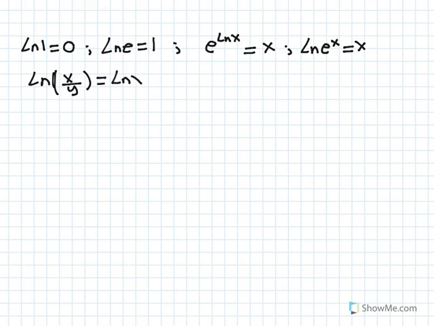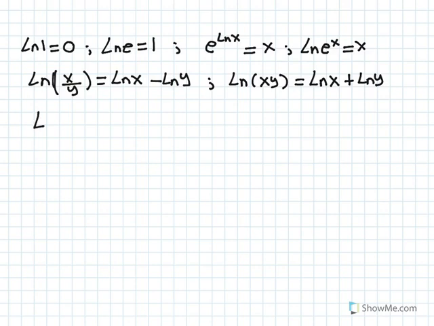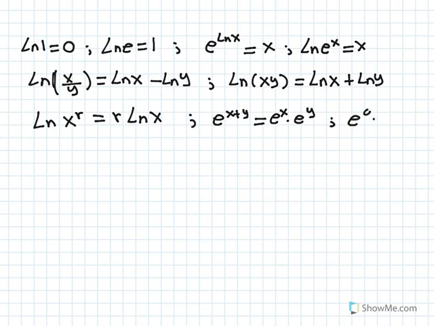So we get log x minus log y. And if you have a product, you add: log of xy is equal to log x plus log y. Log of x to the r is equal to r log x. And don't forget the exponential law, e to the x plus y is equal to e to the x times e to the y. And of course, e to the 0 is equal to 1. That was just some basic skills review.